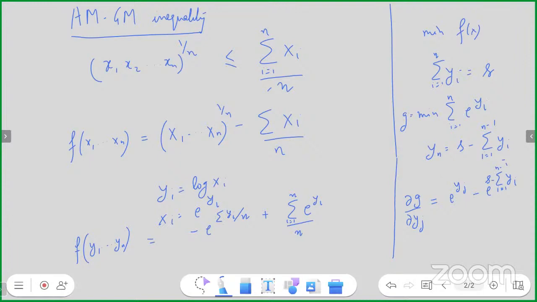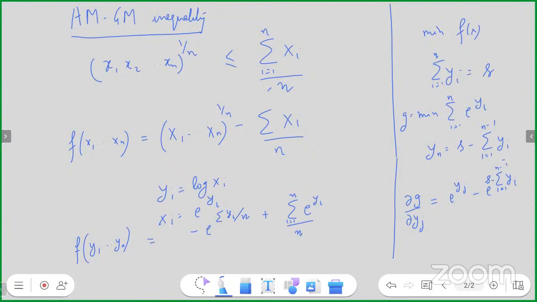And what do you think is the solution of this? So what does it mean?